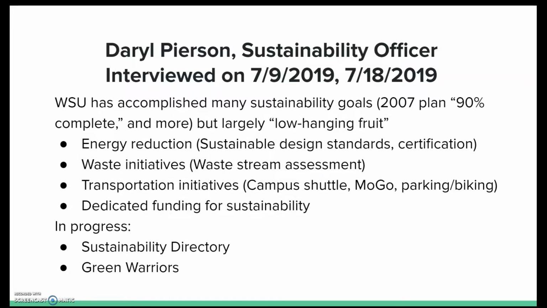Waste streams around campus have been assessed, and some transportation initiatives have been established, like the campus shuttle and the MOGO scooters, and the Sustainability Office has dedicated funding instead of having to partner with other projects. But Mr. Pearson feels that these are largely low-hanging fruit and basic accomplishments, and Wayne State now needs to move things to the next level as far as sustainability.